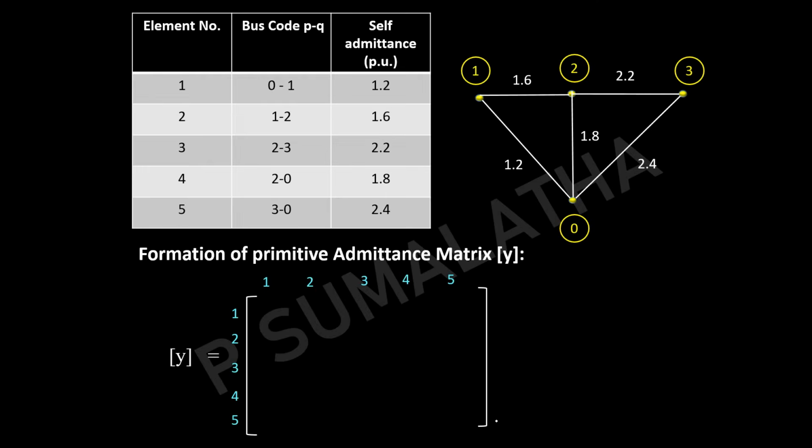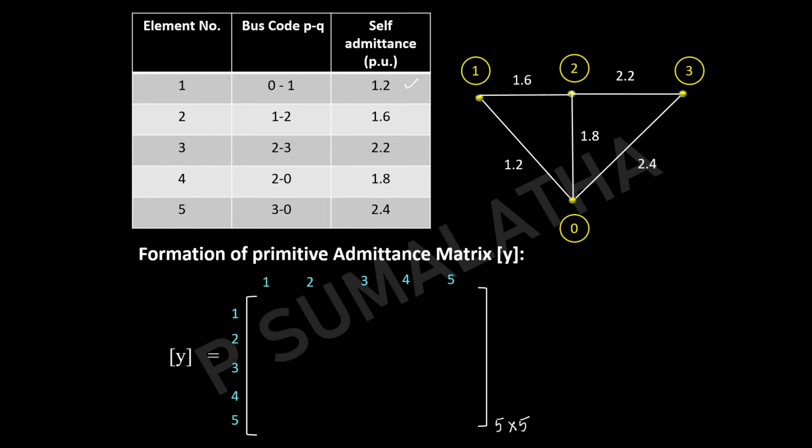Finally, the dimension of the primitive admittance matrix will be a 5 by 5 matrix. If we have any mutual admittance values between any lines, then you can have the off diagonal elements. Since they haven't given any mutual admittance value, we need not represent any off diagonal elements.